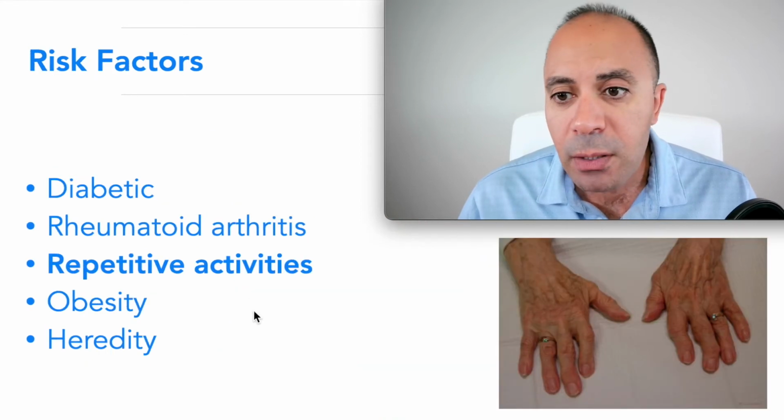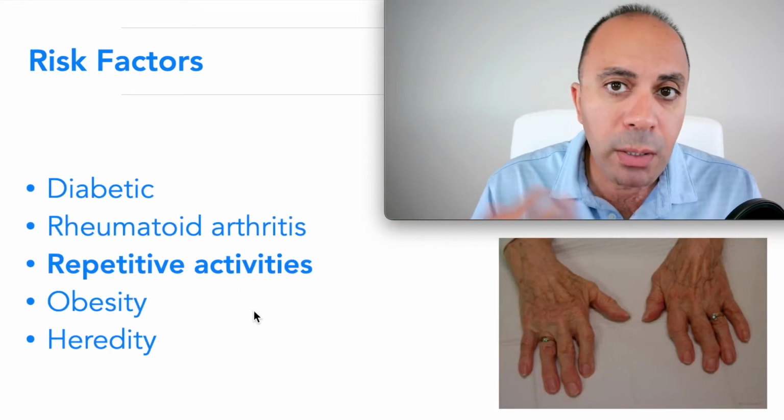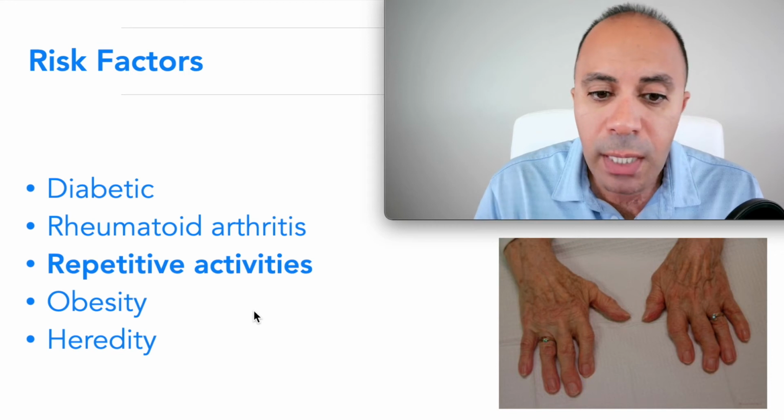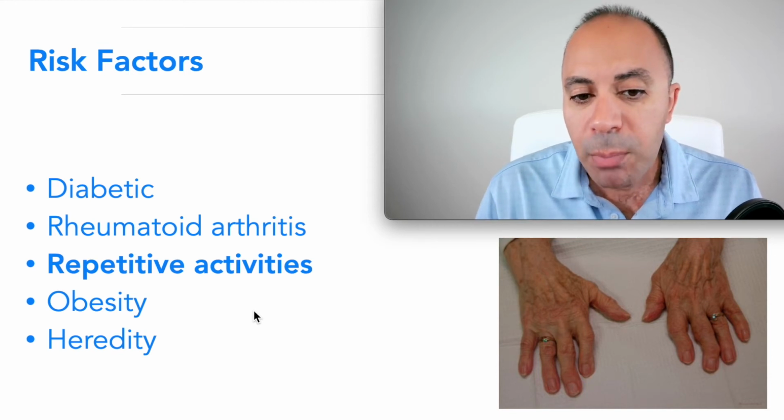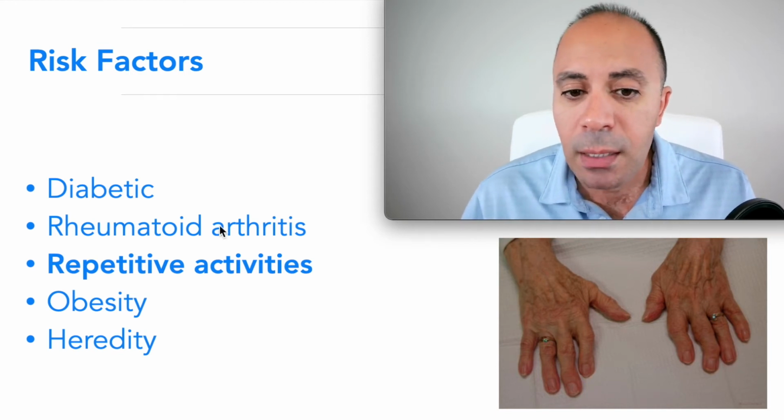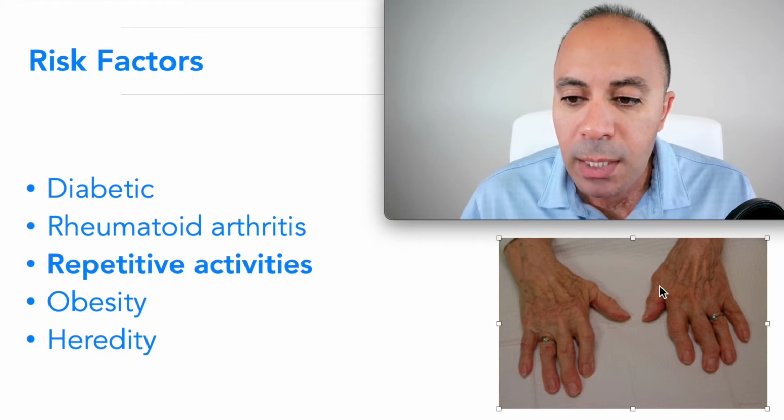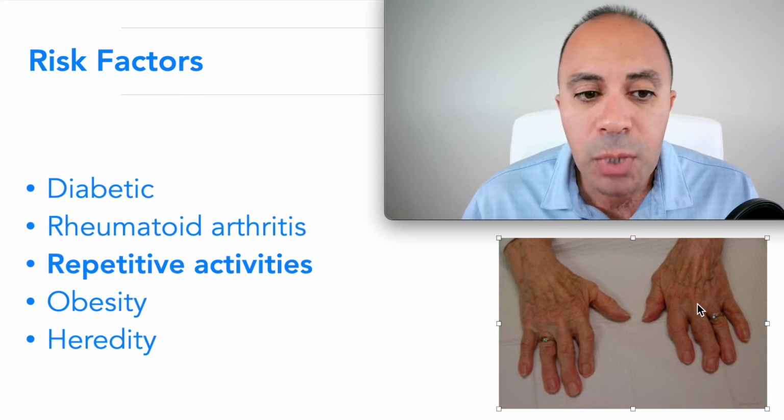Other risk factors could be that you are diabetic or have rheumatoid arthritis, repetitive motion, obesity, and heredity. And you can see in this image rheumatoid arthritis inflammation in the hand. I have a specific video on that for the hand. Check it out on my YouTube channel.